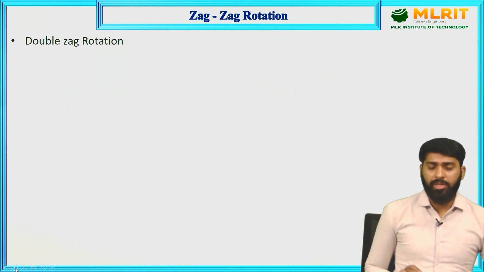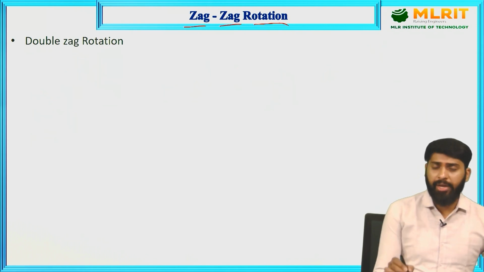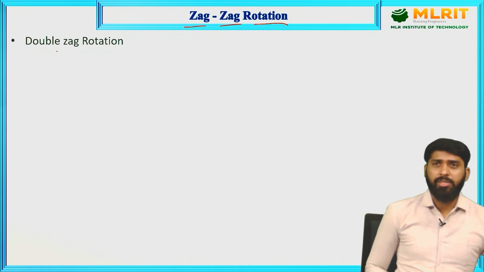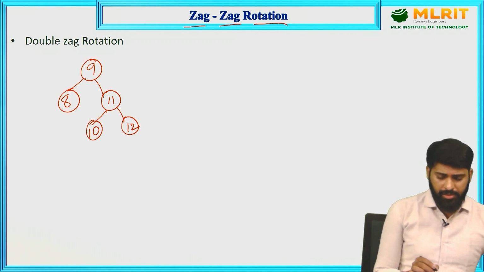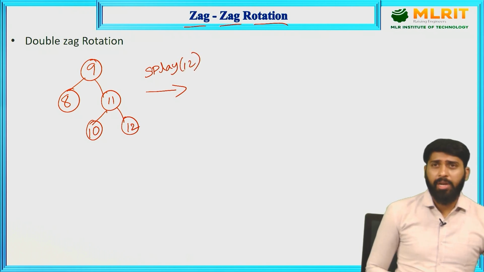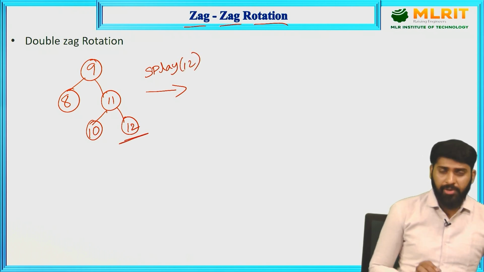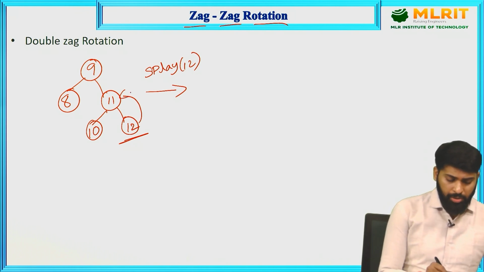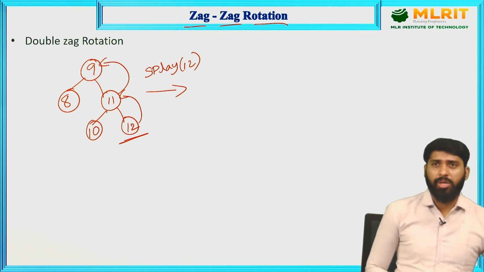Next rotation is zag-zag rotation, a double zag rotation. Consider this tree and splay 12. Splay 12 means I want to make 12 the root. So rotate to the left side 2 times.